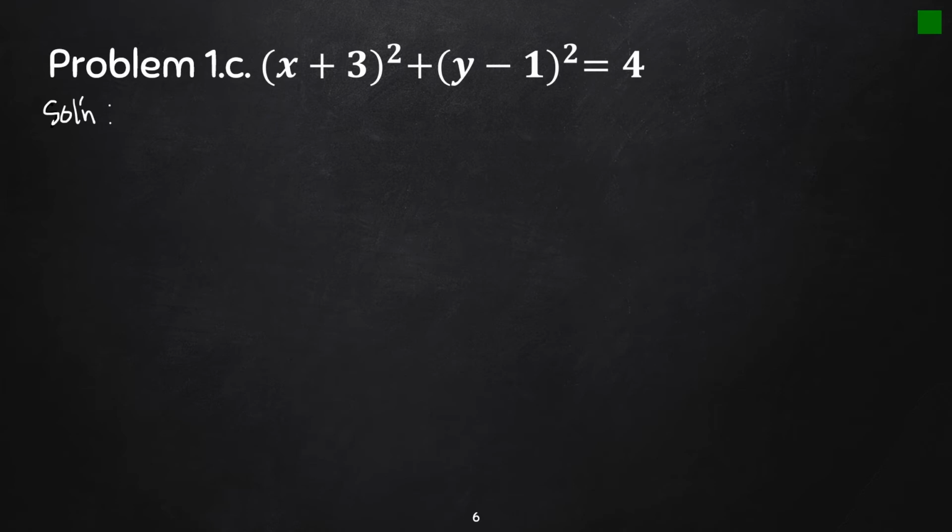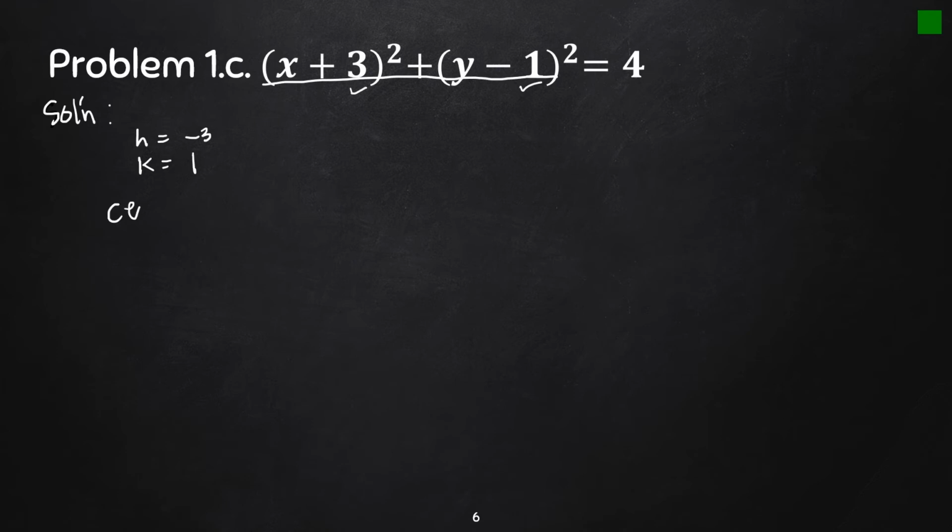Since we are already given the equation in standard form, this is our h and this is our k. For h, that's equal to negative 3 because that's plus 3, and for k we have 1.